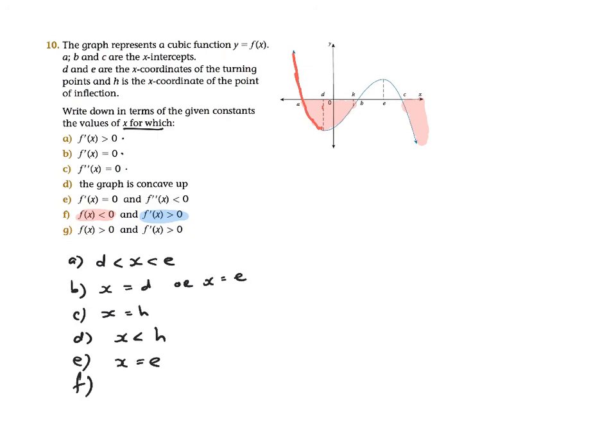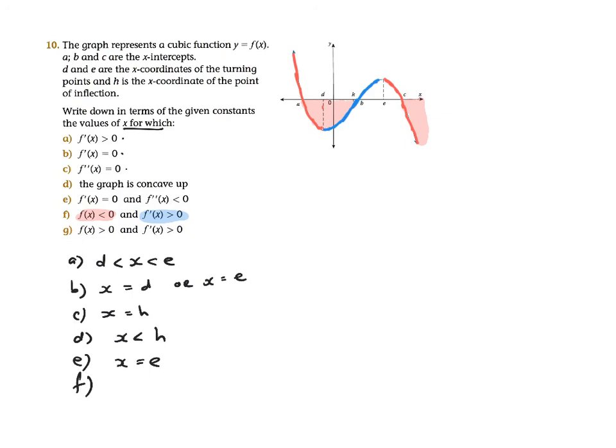Then we've got a positive slope, and then we've got a negative slope again. So we want all the x values where there's a blue slope, a positive slope, and where there's negative y values.